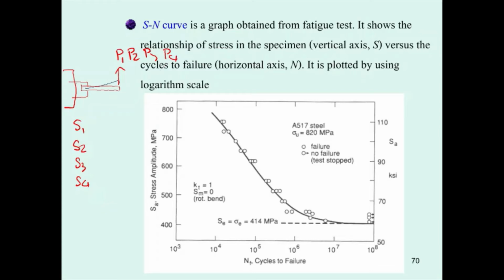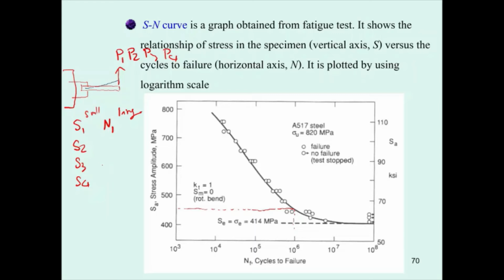And if you spin this structural member in the test, the S1 may fail at N1. If the stress is small, N is going to be large. That means if your stress is small, for example, you're going to get 1 million cycles.